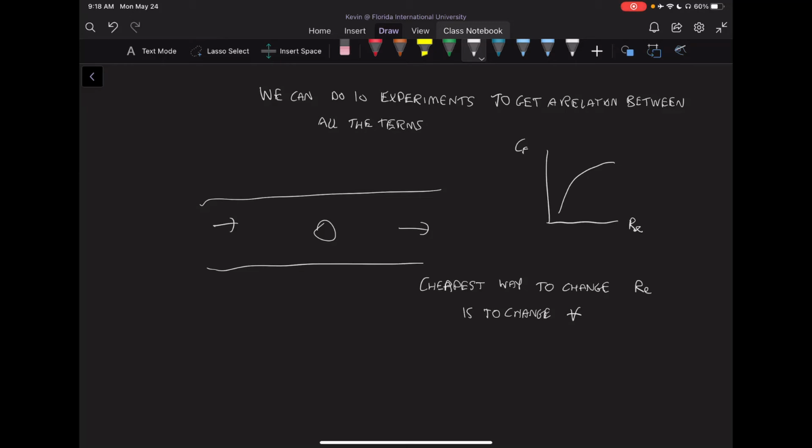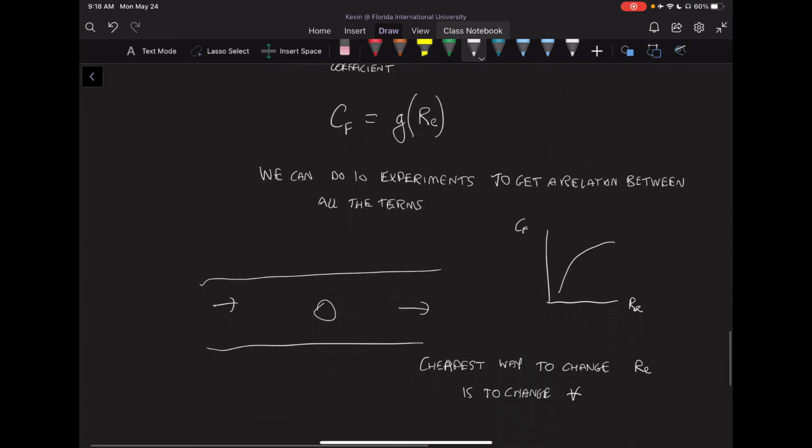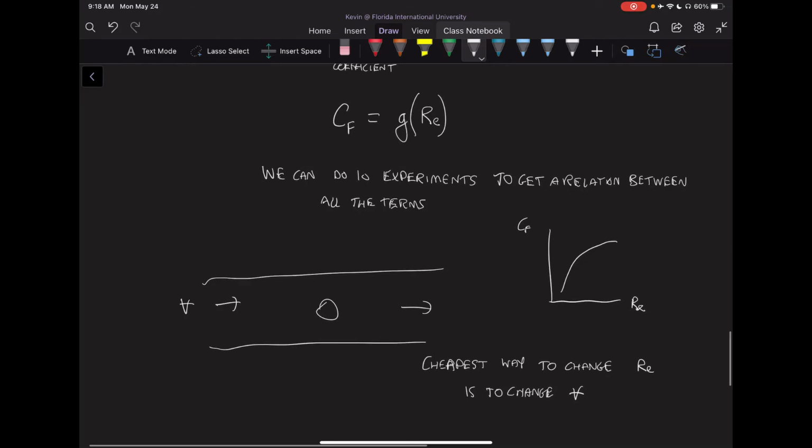If we have the choice between changing the density of the fluid that the flow is in, or changing the length of the actual system being tested, or changing the viscosity of the fluid, the easiest way is to change the velocity, and we can get 10 different Reynolds numbers. Okay, so a very, very powerful technique that we're going to be talking about in a little bit more detail now.